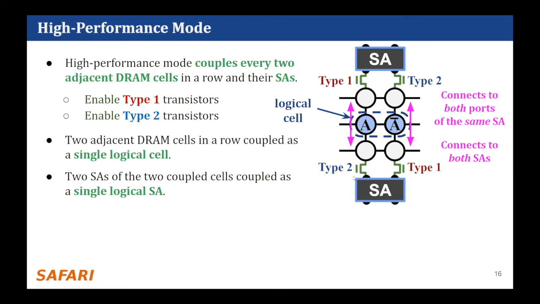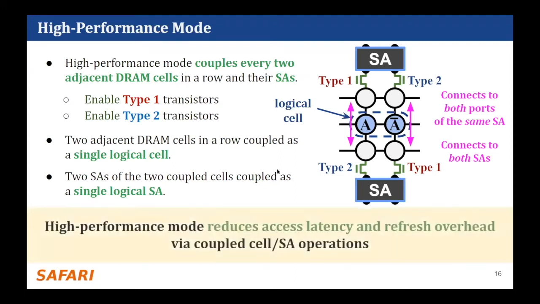So they essentially operate as a single sense amplifier. A high performance mode row has reduced access latency and DRAM refresh overhead via these coupled cell and sense amplifier operations, which I will explain in later slides.